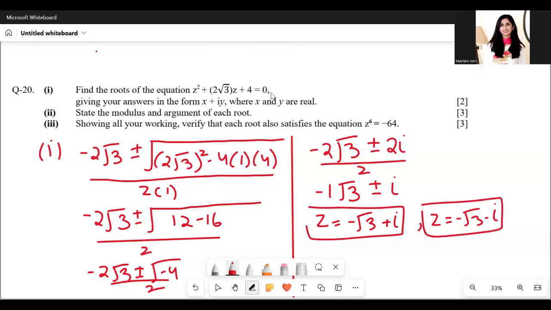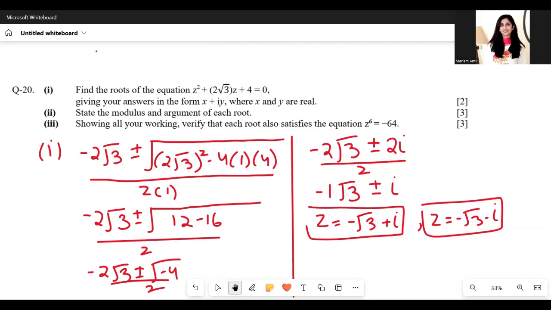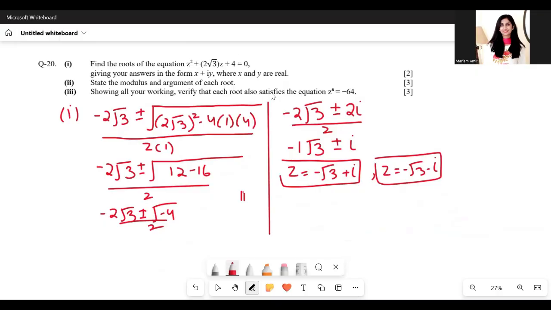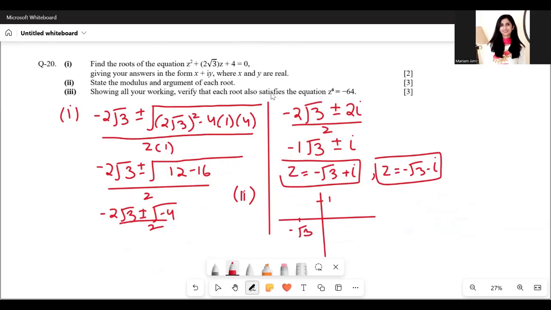State the modulus and argument of each root. For that, it's advised you plot it on an Argand diagram first: negative √3, 1, and negative √3, minus 1. The modulus for both of them would be the same, the distance from the origin.